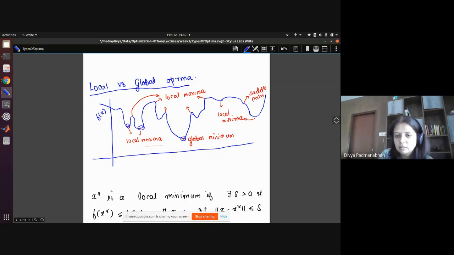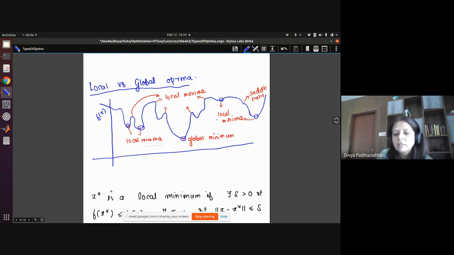In this region, in this locality, this is the best, and similarly here too. So these are local minima. Analogous notions exist for maxima as well, so these are local maxima. And one thing you should remember is that even the global minima are also local minima, because in a local region they are good, but of course they are even stronger. They are globally the best.